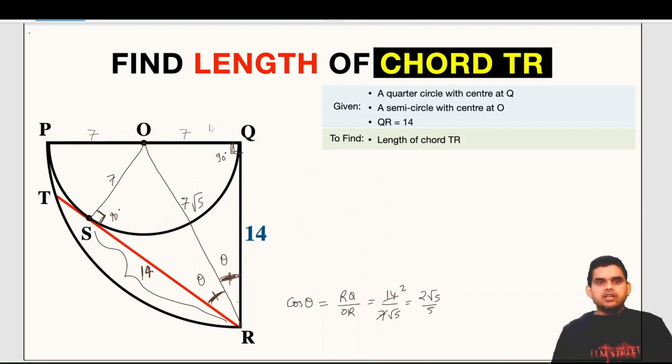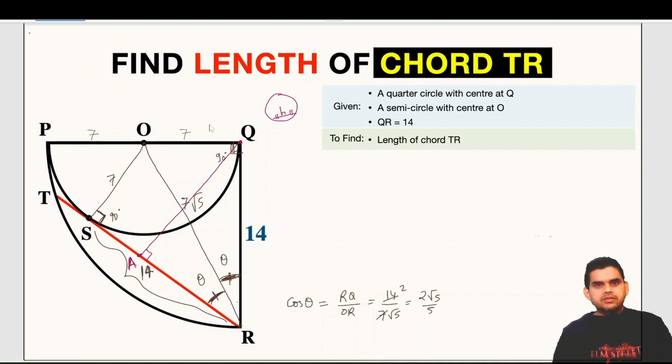Now moving ahead, from the center Q, let us drop a perpendicular on this chord TR. This is a perpendicular. Let this point be A. So we know that if we have a circle, this is the center, and if we have any chord, if we drop a perpendicular from the center to this chord, then it will bisect the chord.